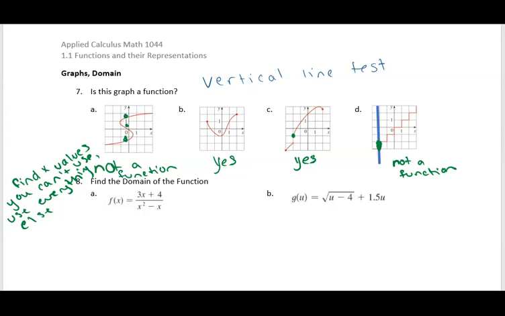So for our first function right here, what can we not use? Well, if we have a fraction, we know we cannot have division by 0. So that means we would not be able to use any values that make x squared minus x equal to 0, because we cannot have division by 0. So that would be a restriction to our function. So if I cannot have division by 0, let's figure out where I do have division by 0, and then we can say we'll use everything else.